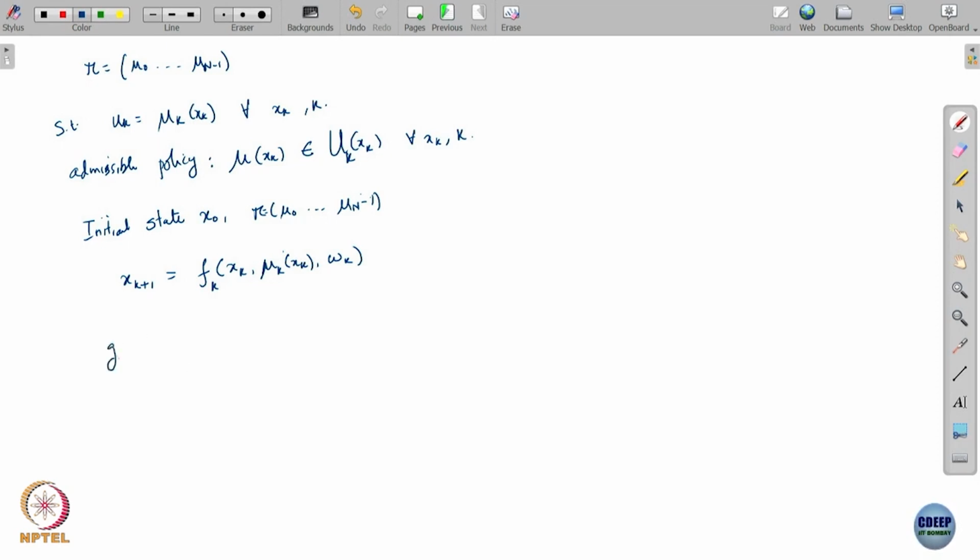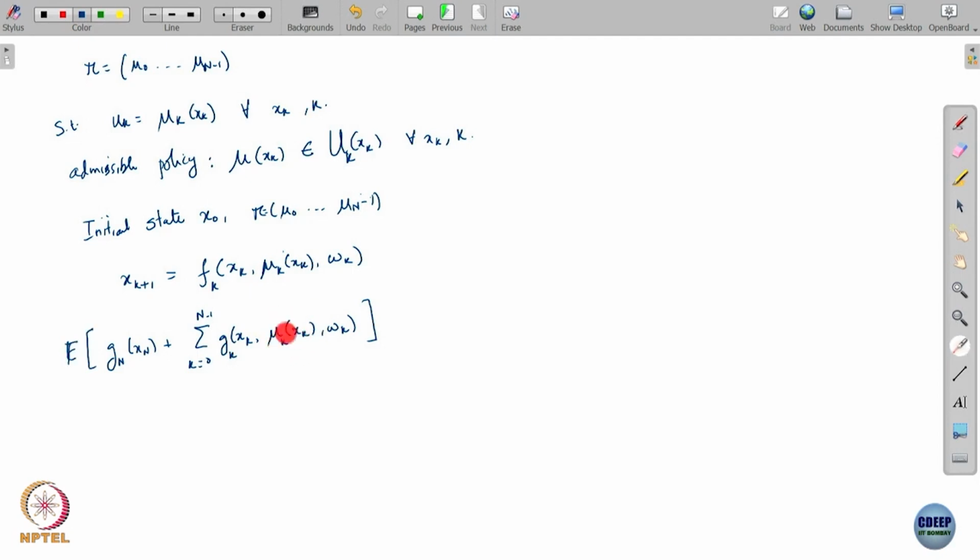If your cost function was g n of x n plus g k of x k, u k, w k, I have replaced the u k there by simply mu k of x k.